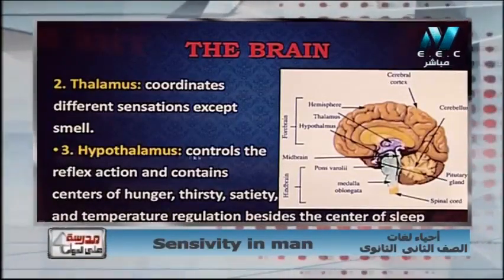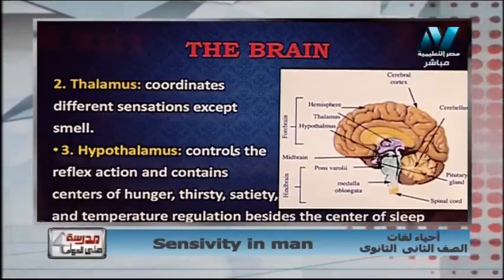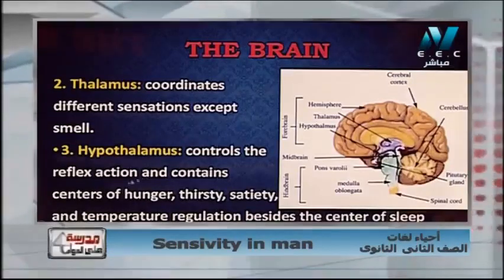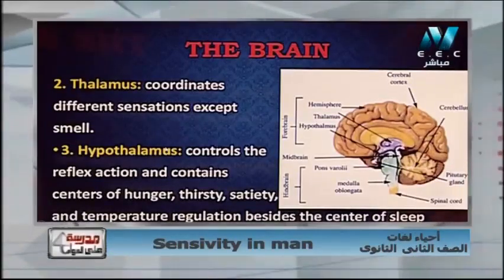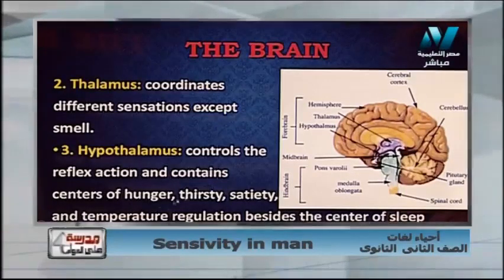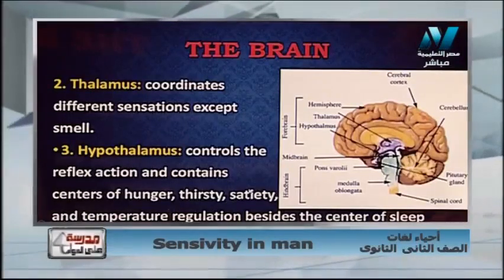And the hypothalamus, which is the region below the thalamus, controls the reflex action and contains centers for hunger, thirst, satiety, and temperature regulation, besides the center of sleep.